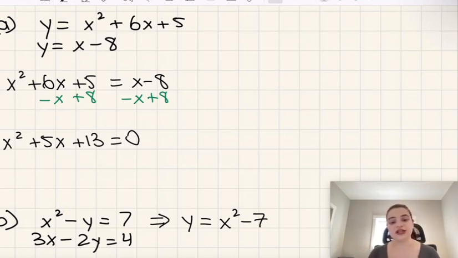Now at this point, we just have a quadratic that we need to solve in order to solve the system. So we can solve quadratics either by factoring, or by completing the square, or by using the quadratic formula. Now, factoring doesn't always work, right? Especially because there could be no real solutions, and so trying to factor isn't going to get us anywhere in those circumstances.